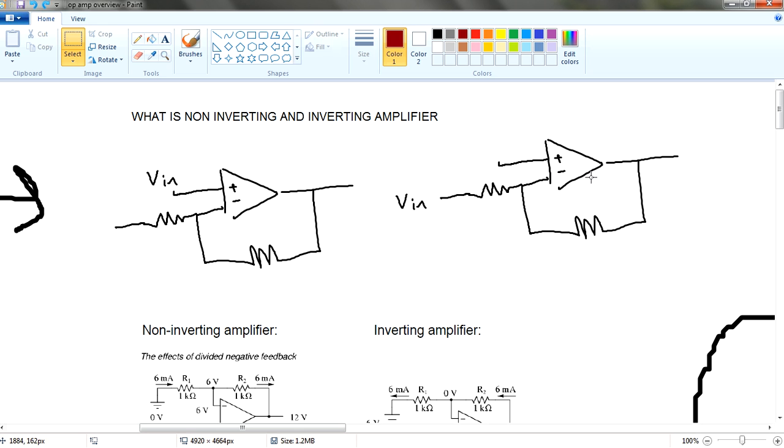But the similarity between them, if I bring out the V in, is that they are both the same configuration. They are both amplifying. The way you connect the resistors over here is to amplify.